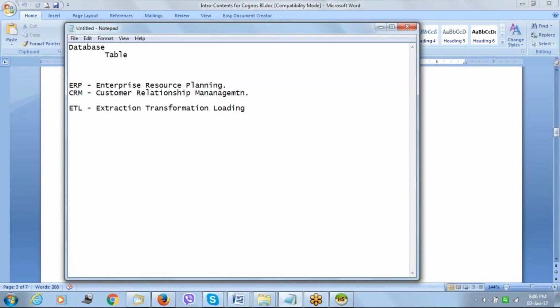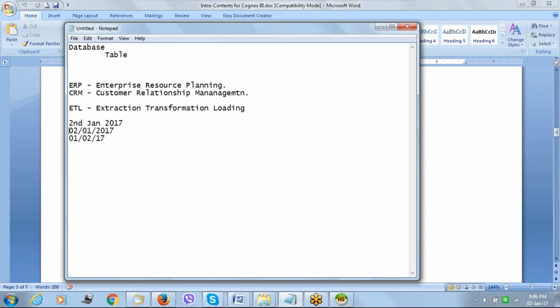For example, one person is saving the data as today's date is 2nd. Another person is saving this as 02/01/2017. Okay. So another person is saving a month, date, and year, something like this.